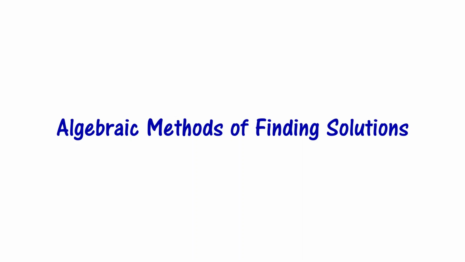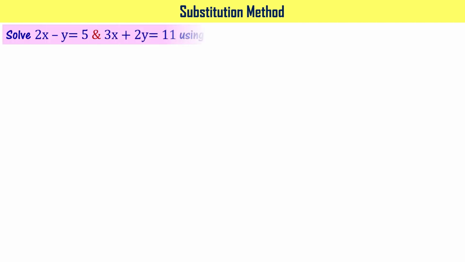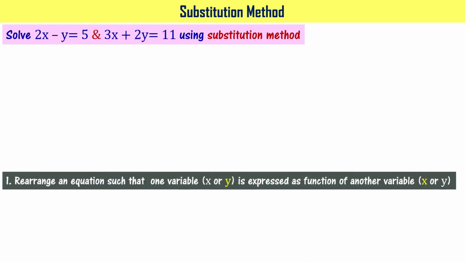Let's learn about algebraic methods of finding solutions now. First, learn about the substitution method to solve a pair of linear equations. Solve 2x minus y equal to 5 and 3x plus 2y equal to 11 using the substitution method. The first step of the substitution method is to rearrange an equation such that one variable is expressed as a function of the other variable.